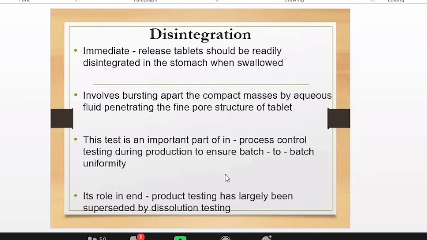So in most cases, this is only very important in process as an in-process control. But at the end, for you to validate the quality of the tablets, mostly we are using the dissolution test.